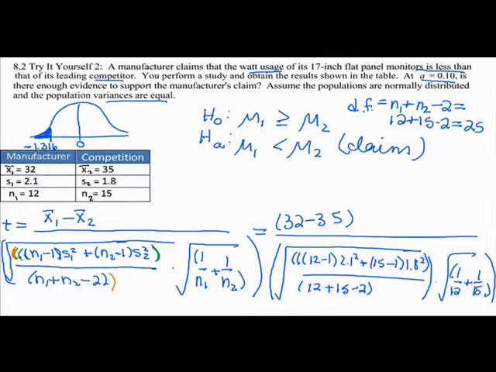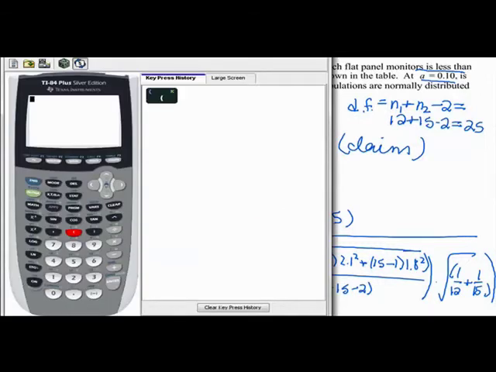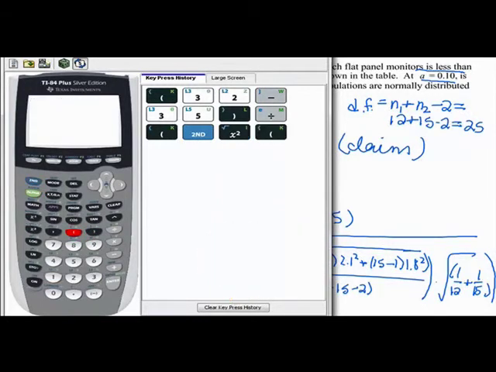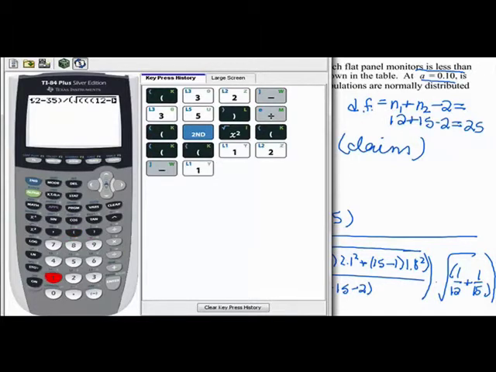So let's take a look at our calculator. Open parentheses, 32 minus 35, close parentheses, divided by, open parentheses, second x squared, which is going to give us the square root, and then open parentheses, open parentheses, open parentheses, 12 minus 1, close parentheses, times your 2.1, which is your standard deviation.